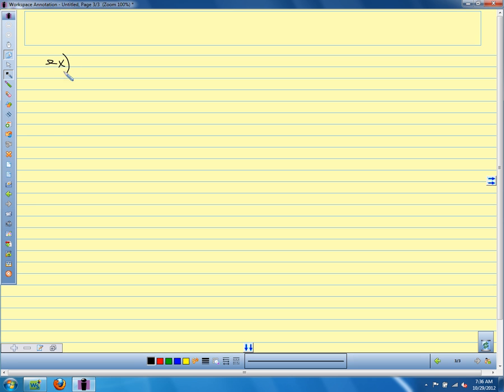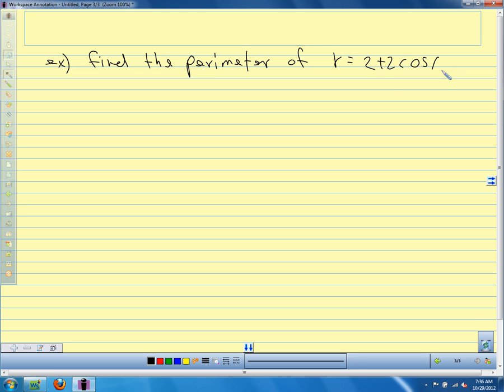We want to find the perimeter of our favorite cardioid, r equals 2 plus 2 cosine θ. Let me grab a picture of that really quick here.